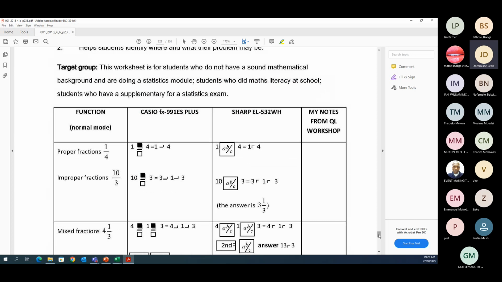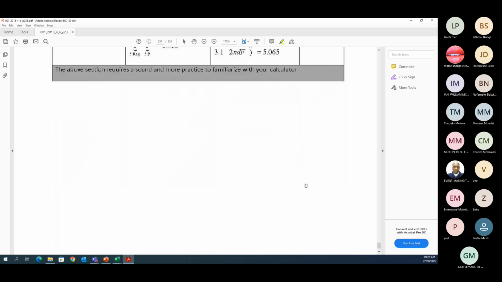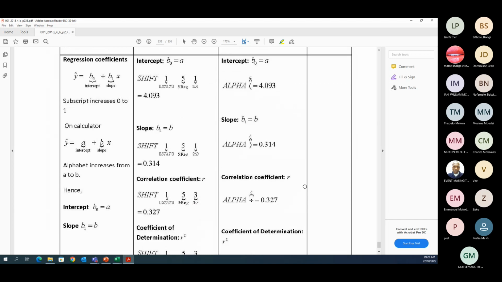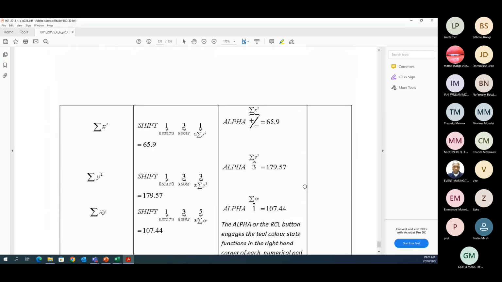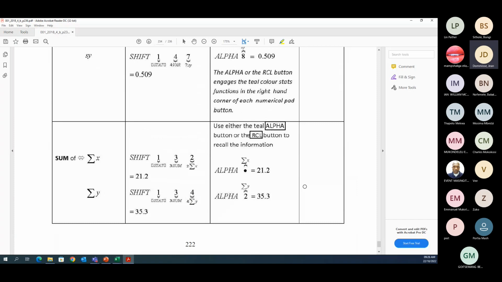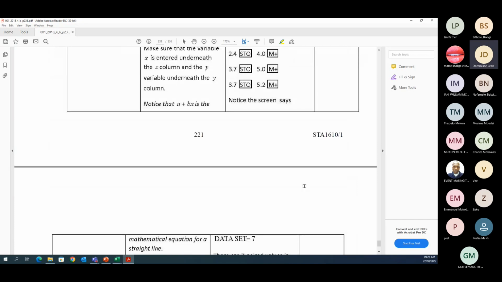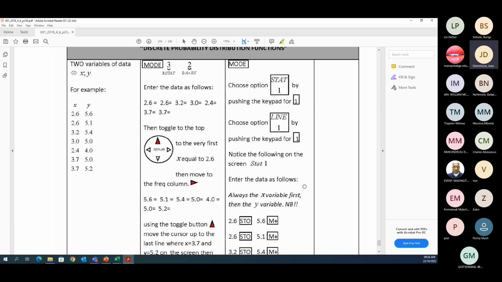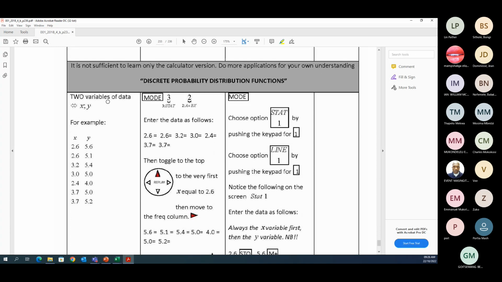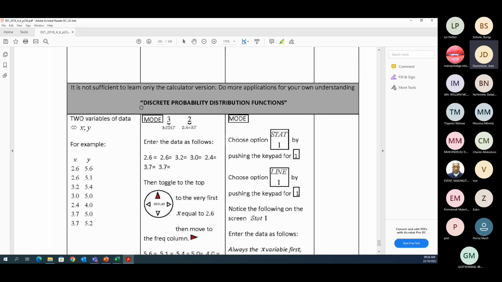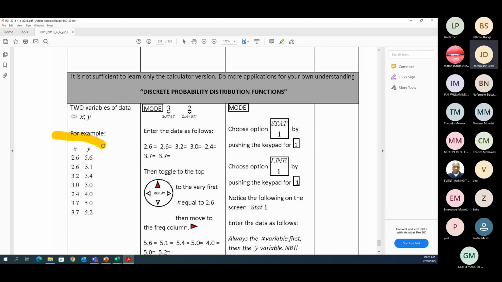Here's some of it. This is where, depending on which calculator you use, you would put in your two data sets.